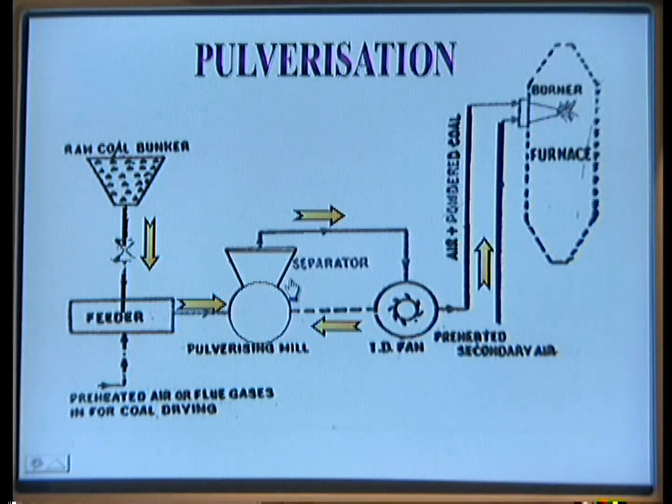Suppose here in the separator of the mills, the size of the pulverized coal is above the required value, then it is sent back to the mill itself. Then the mill crushes it into small particles that are passed to the furnace, or sometimes we can place it in a storage plant.